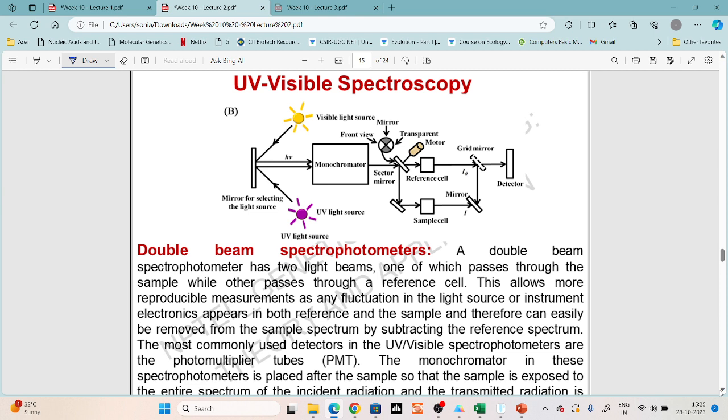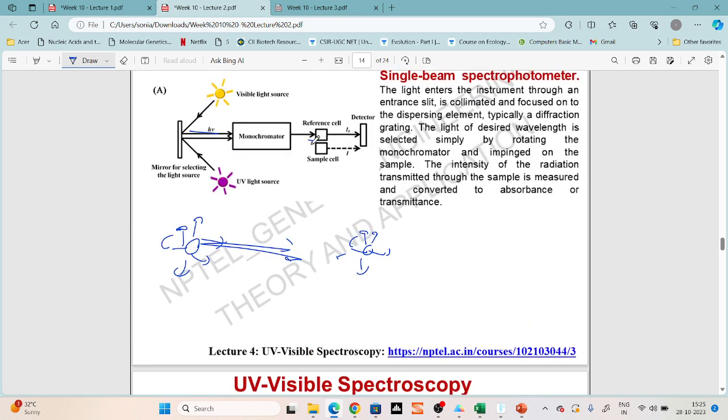So what happens in single beam spectroscopy is that you have a reference cell which corresponds to the liquid in which the protein is dissolved, and a sample cell which has the sample along with the liquid. First you put your reference tube, take a reading, then remove the reference tube and put your sample tube.